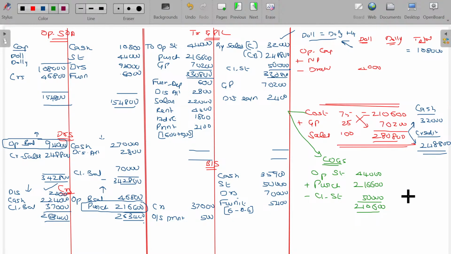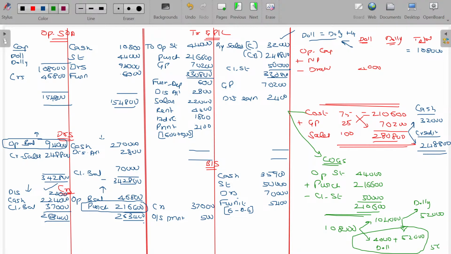So what does it mean? Here I can do a small calculation to get the value. 1,08,000 rupees. 4,000 rupees is excess for whom? Doll, that can be separately taken. Balance 1,04,000 will be shared between Doll and Dolly equally. Dolly, how much? 52,000. For Doll, 52,000. So leaving the difference, the balance will be shared between these two equally. Doll's value being that excess amount plus this 52,000, both put together 56,000.